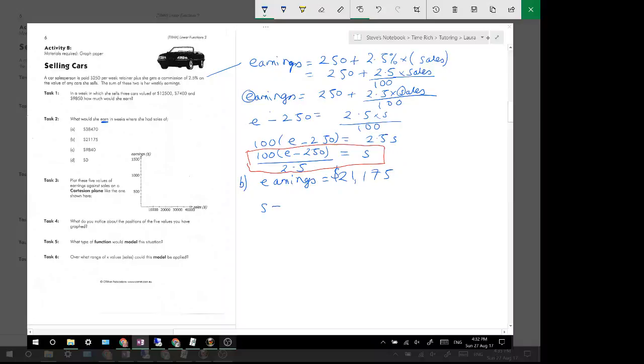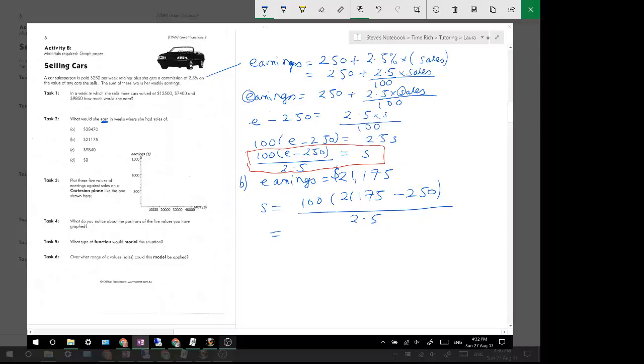So the sales that the person would need would be 100 into the earnings, which is 21,175, minus 250, all over 2.5, which, reaching for my calculator, is, let's have a look.